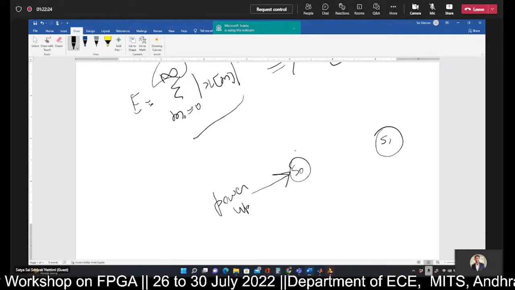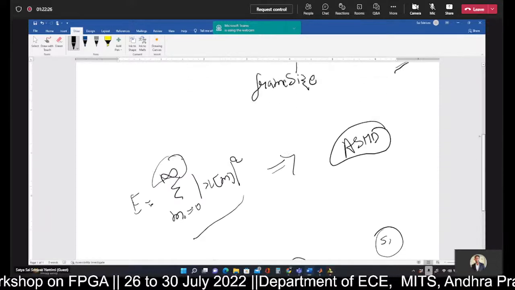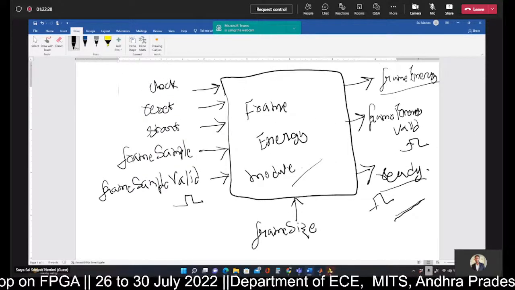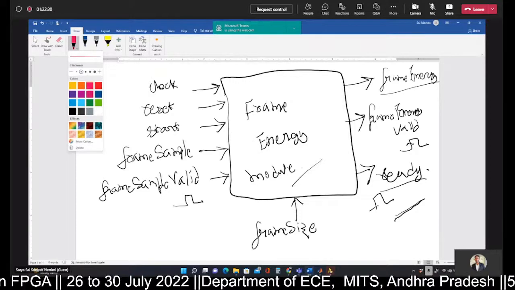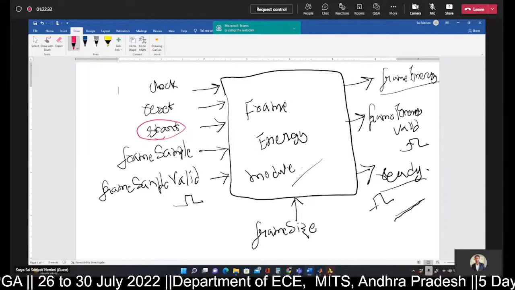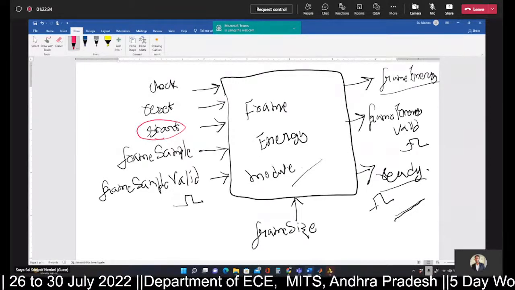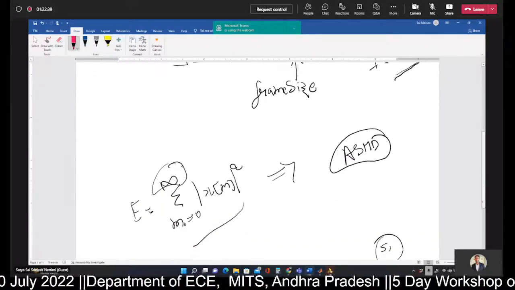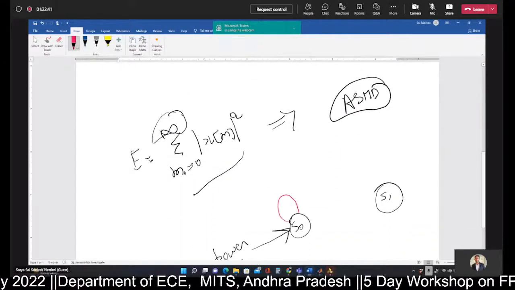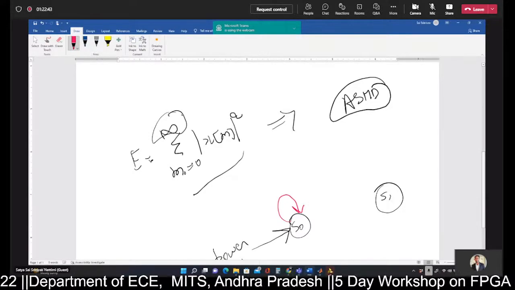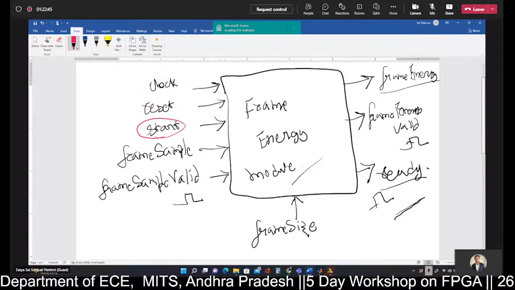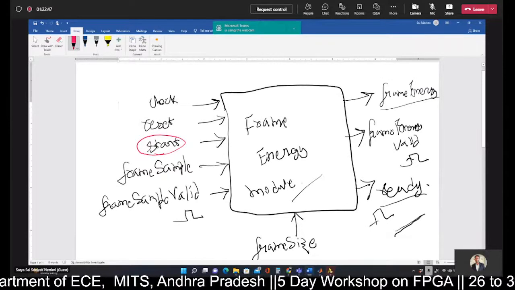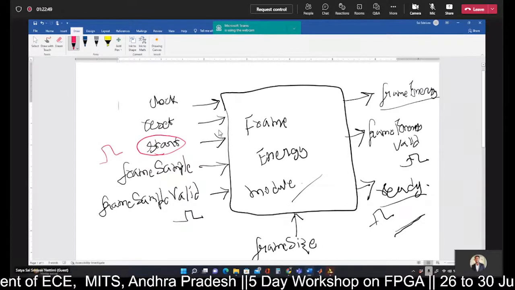Whenever start is low, that means you are not getting any start signal, there is no speech signal to calculate energy. In that case, our module will remain in the S0 state. Whenever a signal is going to arrive at the module, start will be active high.